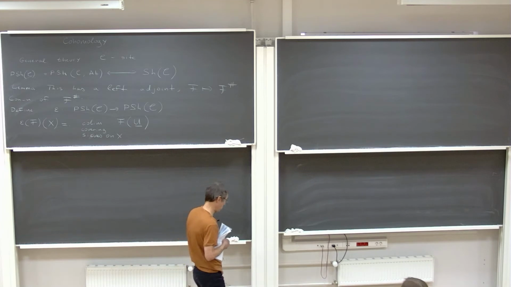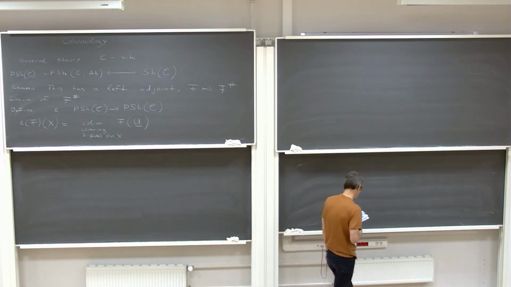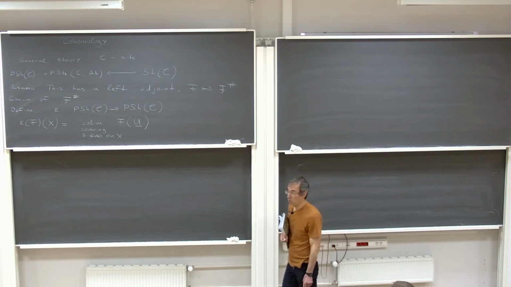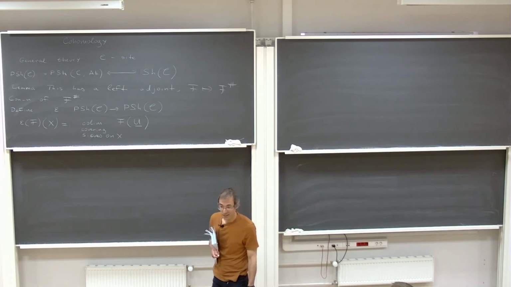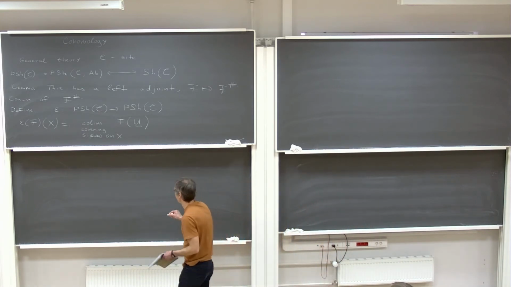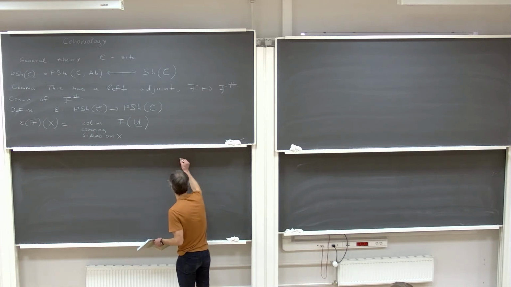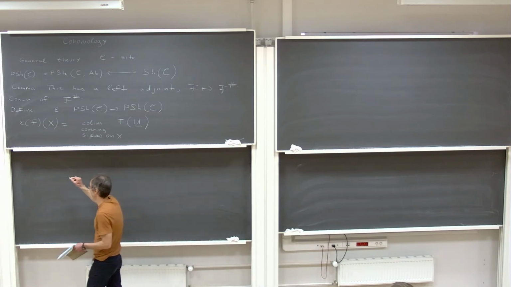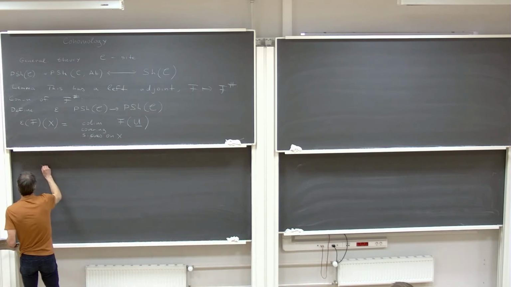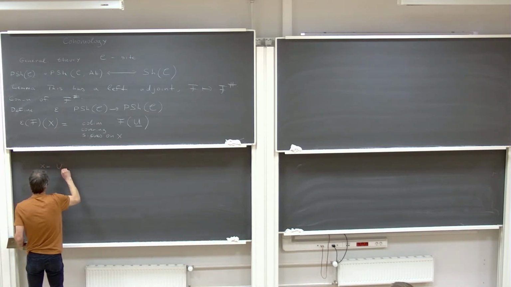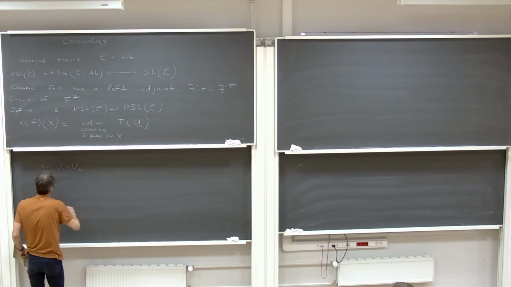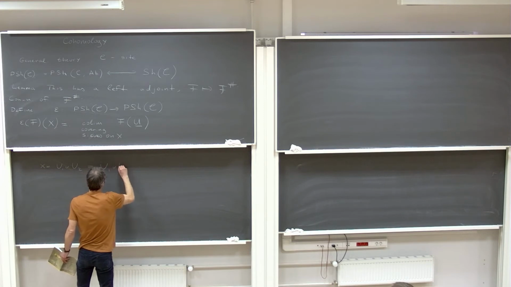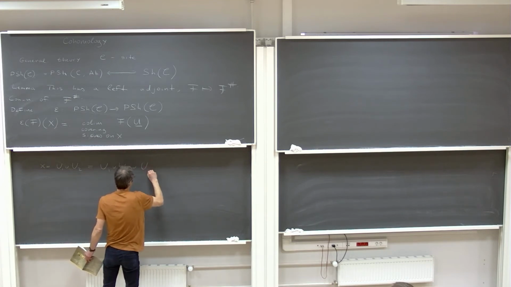No. For example, suppose you can cover X by U1 and U2, but you can also write it as U1 union U2 union U1 intersected U2.